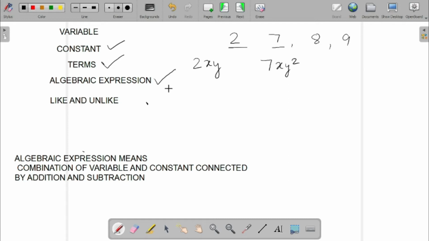An algebraic expression is a combination of terms separated by the symbols of addition, subtraction, multiplication or division. For example, 2xy plus 7xy square plus 5z. So this is an algebraic expression containing three terms: 1, 2, and 3.